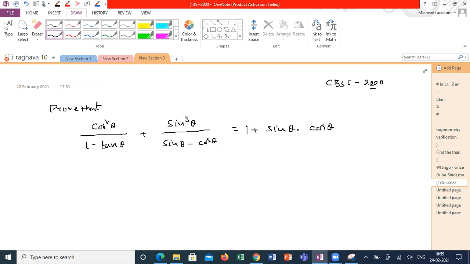You have to recollect the formula of a cube minus b cube from algebra, then it will be quite easy if you are able to use that formula.